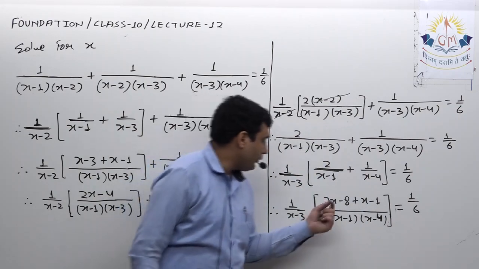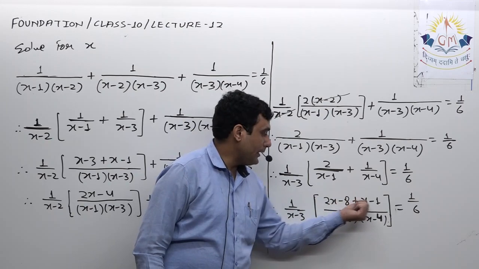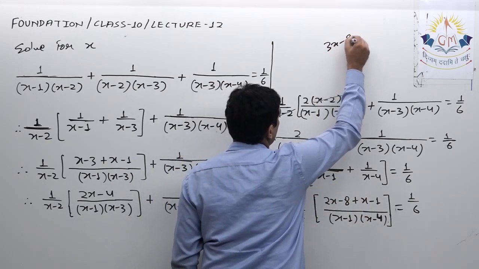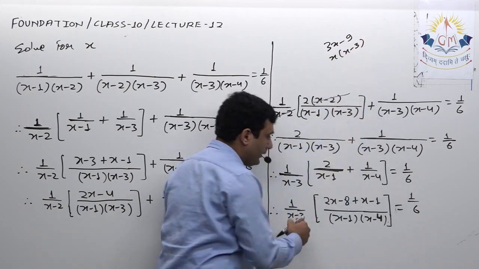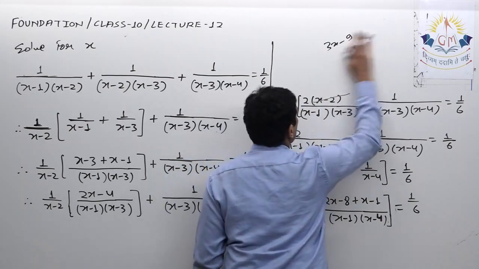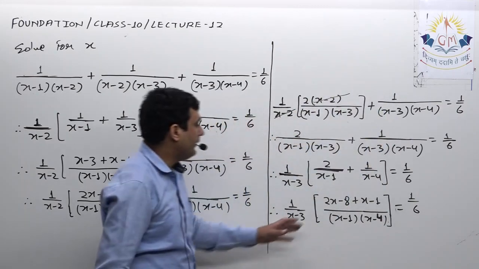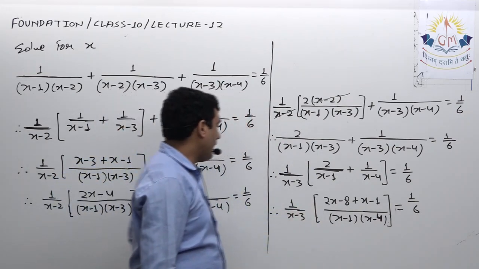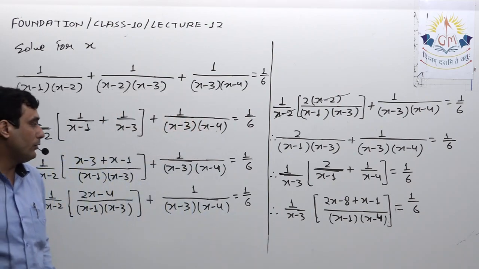Now again, 2x plus x is 3x, minus 8 minus 1 is minus 9. So in the numerator I get this, and after taking common, this x minus 3 will cancel out. That will be more simplified, and then by cross multiplication we'll get a quadratic equation that we can solve. So note it down up to this, then we'll see how to solve it further.